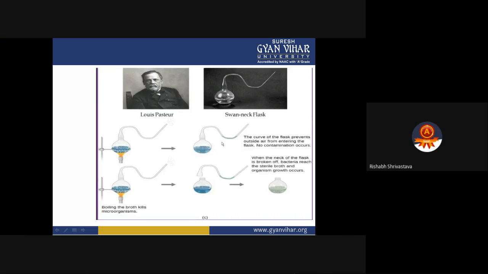In the second flask, he broke the neck of the flask, and the air reached the inside sterile environment, and when it reached the inside sterile environment, it brought a lot of microbes. And because of these microbes, there was a growth of microbial cells in that particular broth.